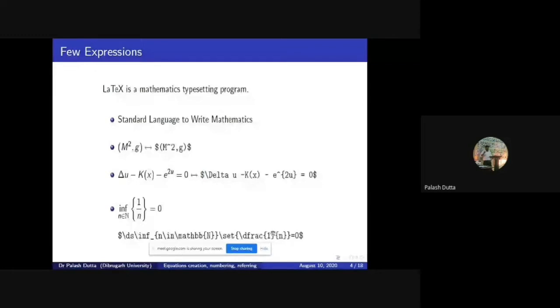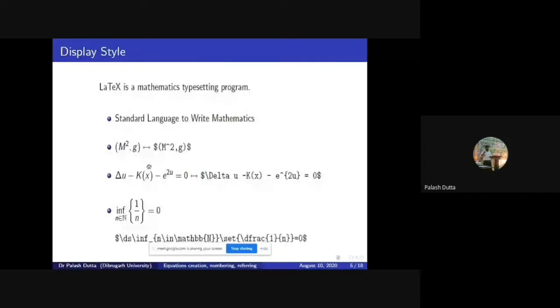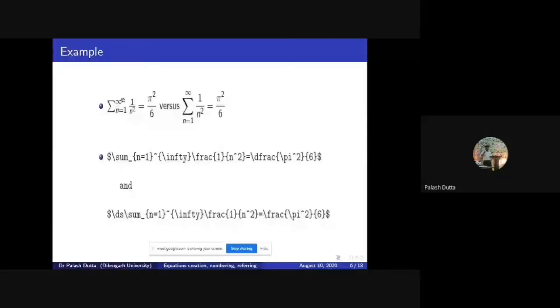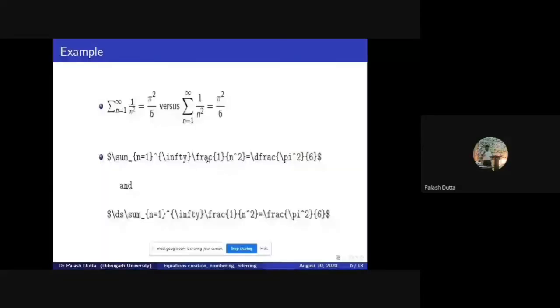Similarly, to write this expression, we have to write \sum. N goes from n equal to 1, which is called subscript, and for subscript we write this command. The cap means superscript: n goes from 1 to infinity, so \infty. You can see a fraction component is there, so we write \frac; you can write dfrac or frac, the result is the same.